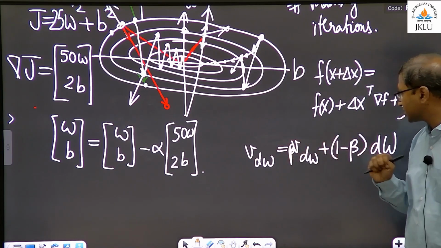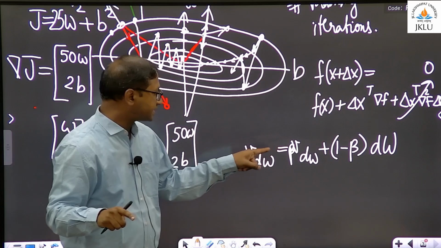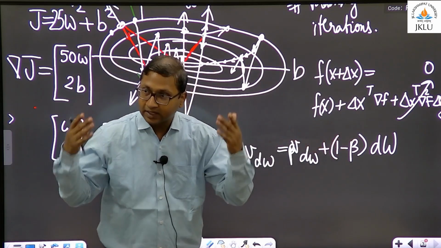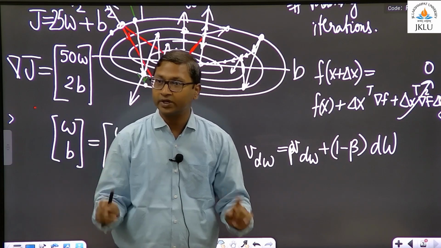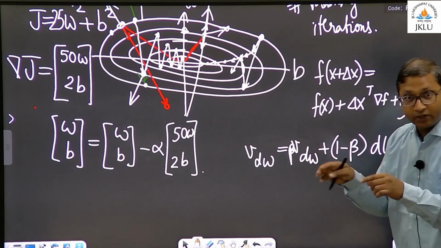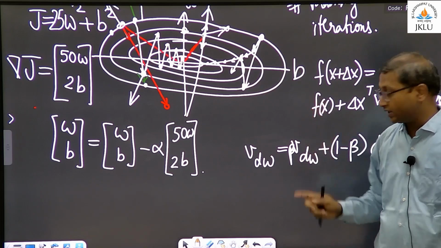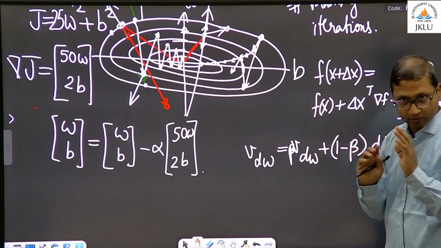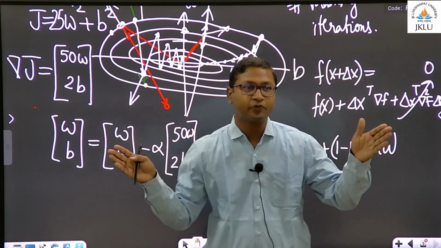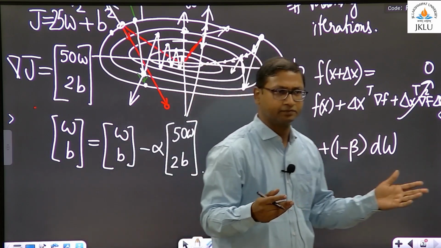If beta is 0, then basically I go to my current gradient descent, whatever I am doing right now. Beta equal to 1 just ignores the current one, and we don't want that either. Beta should be somewhere in between. Usually beta is 0.9, let's say.